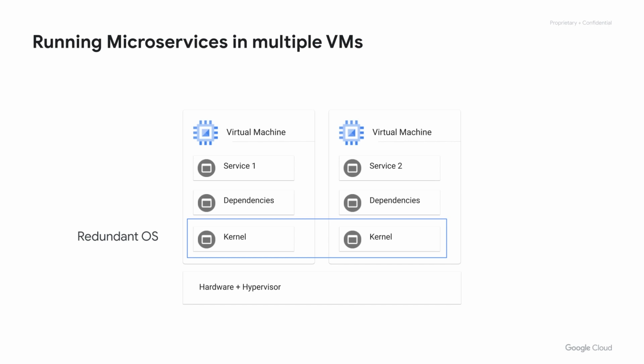However, a problem with this approach is that 2 complete copies of the kernel have to be running and consuming resources. You have to do the whole hardware virtualization component of virtual machines, and this requires a lot of overhead in terms of disk space, memory, CPU, all of your resources on your actual machine.